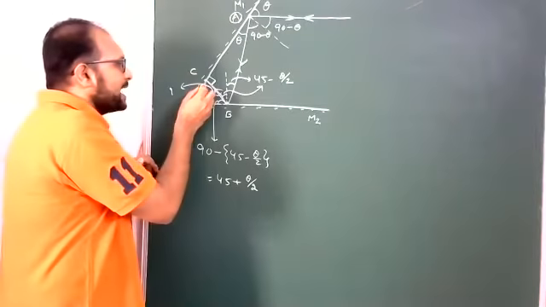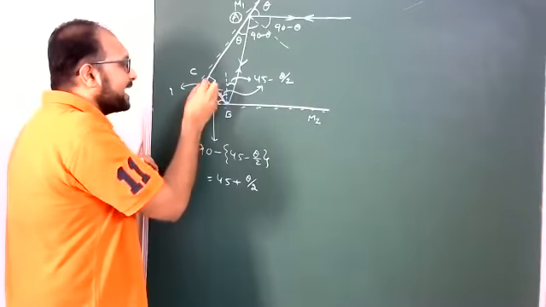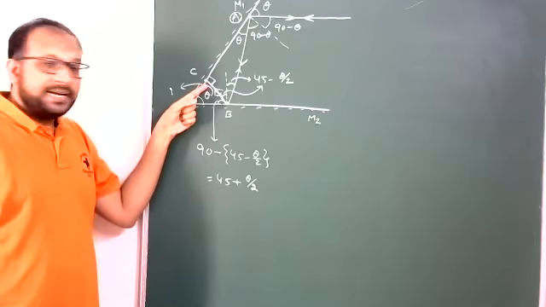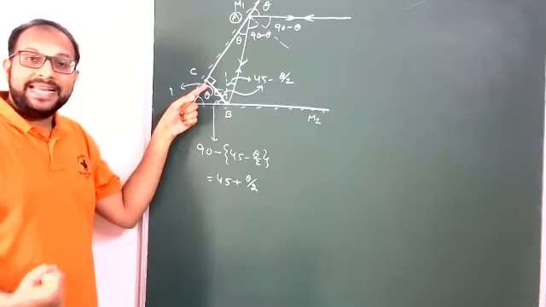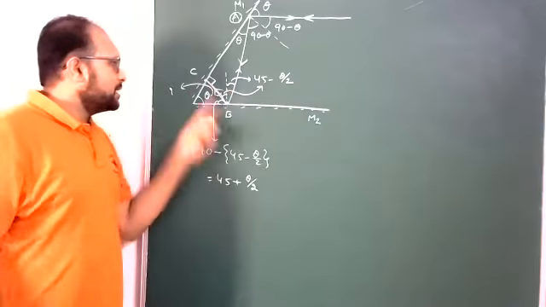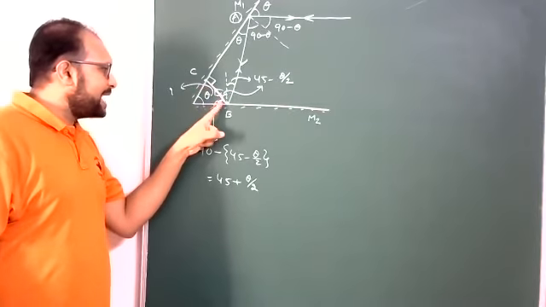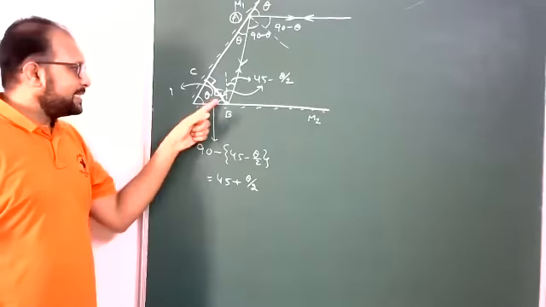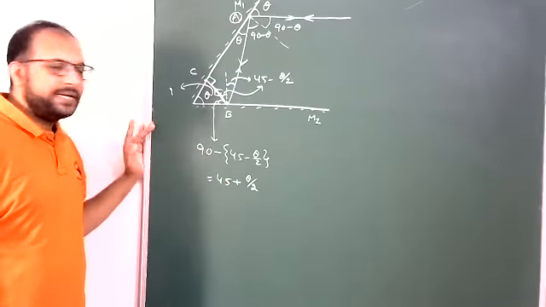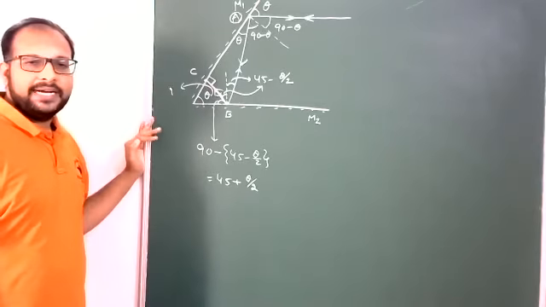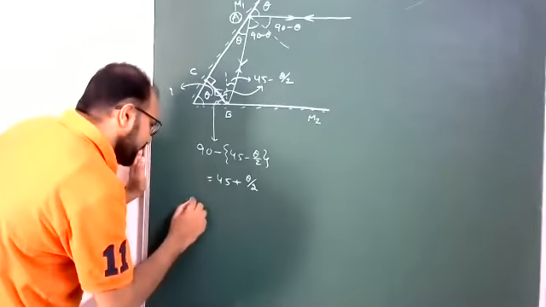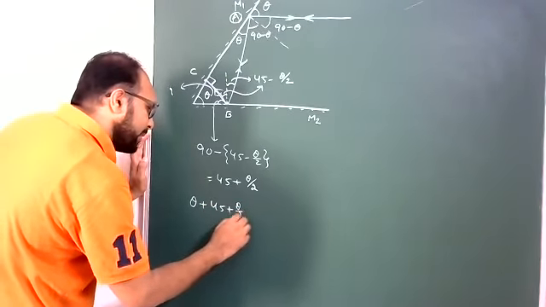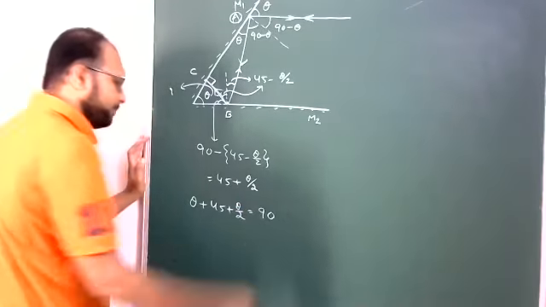Yes, students, here one more right angle triangle is formed. This is a small right angle triangle. This is already 90 because the light ray is incident on M1 normally. So 90, already 90 over. That's why this angle plus this angle combined is 90. This angle is already 45 plus theta by 2. Now this angle is theta. Finally, theta plus 45 plus theta by 2 is 90.